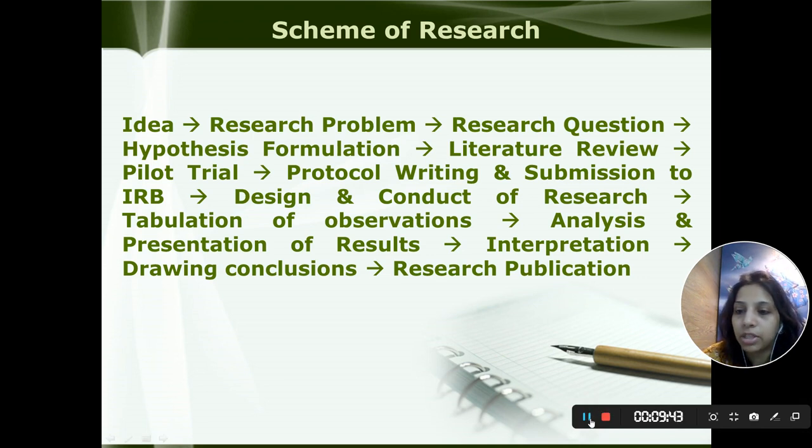We will see in the upcoming slides what a hypothesis exactly is. Then we go for the literature review. Obviously we have to base our research on the past studies which have been conducted on a similar kind of topic, not exactly the same, but we have to go through those studies. We have to take a base or foundation from those. So literature review is very important.